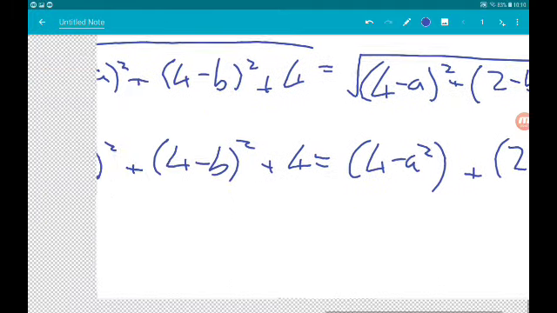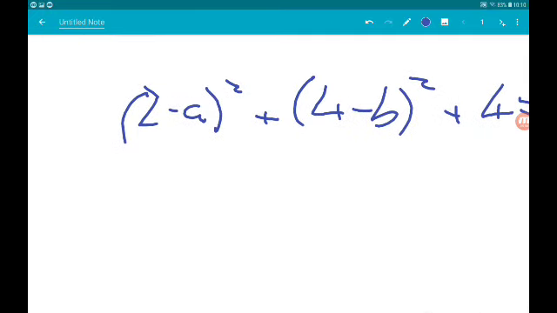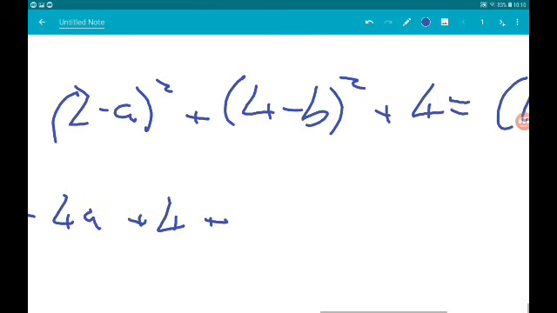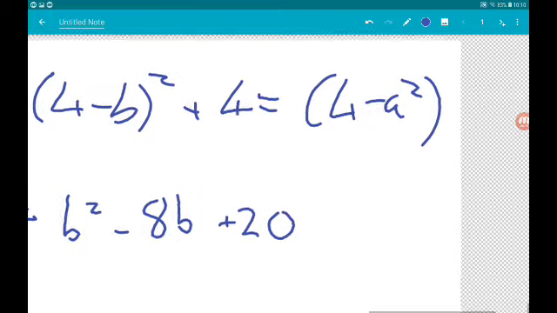Right, expand brackets. So, over here we are going to get a squared minus 4a add 4, add b squared minus 8b add 16, add 4, so that's add 20.